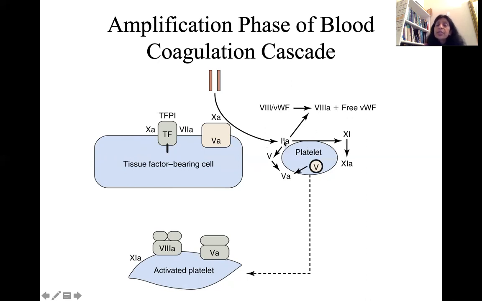Also note here, thrombin has this positive feedback effect. It's going to activate factor 11 to 11A. All right, so factor 11A would turn on the next phase, that would be the propagation phase.